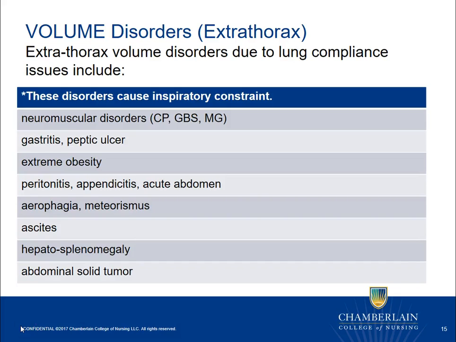Extrathorax volume disorders due to lung compliance issues include neuromuscular disorders, gastric peptic ulcer, extreme obesity, peritonitis, appendicitis, acute abdomen, physical deconditioning, anemia, psychogenic disorders such as anxiety, depression, etc., aerophagia, meteorism, ascites, hepatosplenomegaly, and abdominal solid tumor.